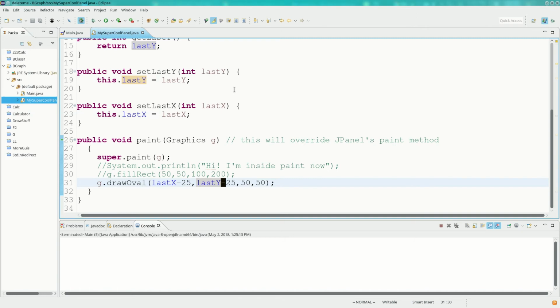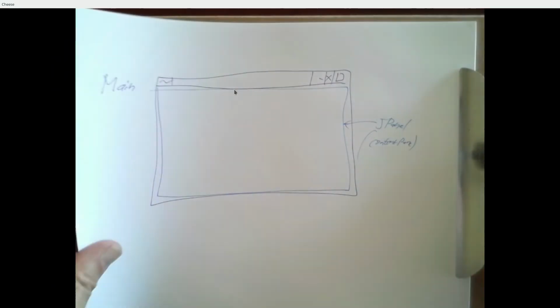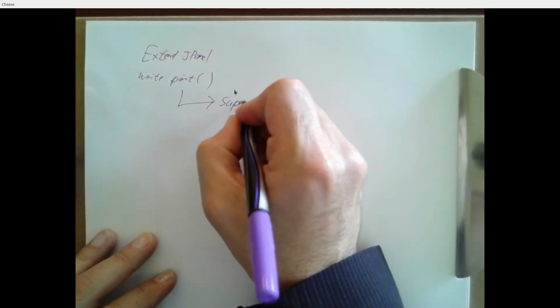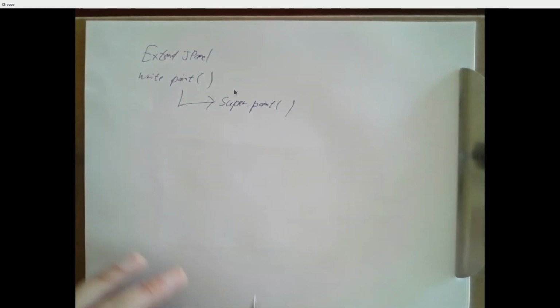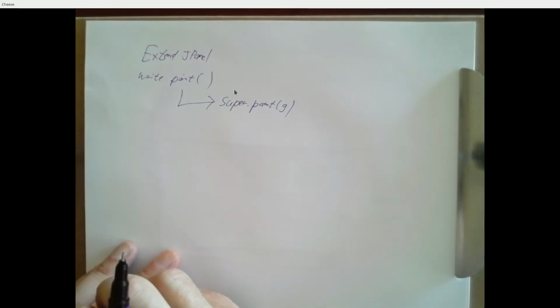Okay, so let's summarize. Extend JPanel. Write a paint method. Make sure your paint method calls super.paint with whatever graphics object.